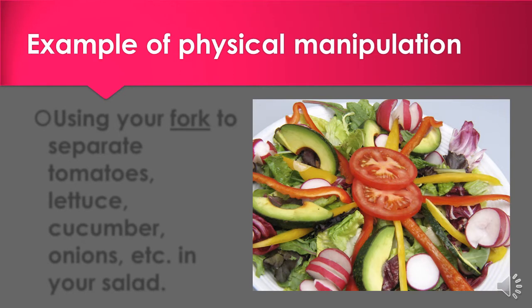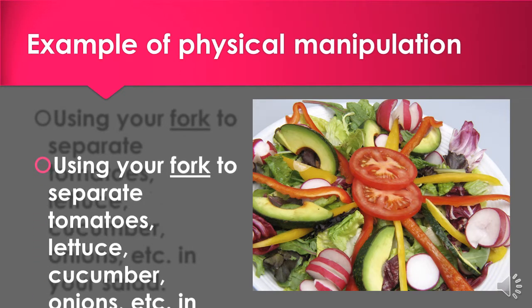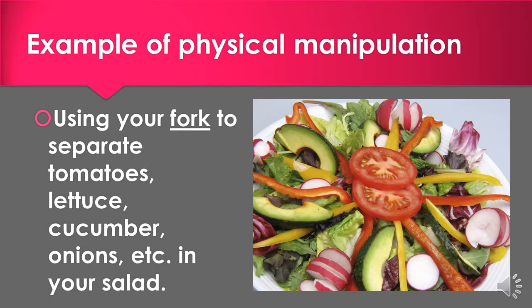Another example is using a fork to separate tomatoes, lettuce, cucumber, and onions in your vegetable salad. So it's not only limited to the use of your bare hands, but you can also use tools like a fork or spoon, or what else? Forceps, or tongs, in picking out the materials.